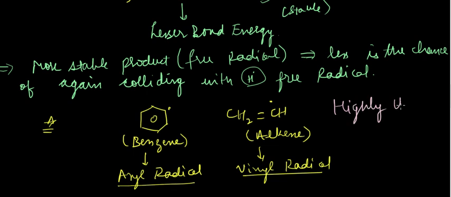Please remember this. As a matter of fact, this question is asked so many times in JEE level competitive examinations. The combinations of such questions are repeatedly and regularly asked in every year's paper. So please remember that these two are highly unstable free radicals. Wherever you see them, just remember that those are highly unstable, and it's better that you don't ever encounter these two as a part of any reactions. Whenever you have something like these two as an intermediate, the reaction will immediately go in the backward direction. It will not proceed in the forward direction.